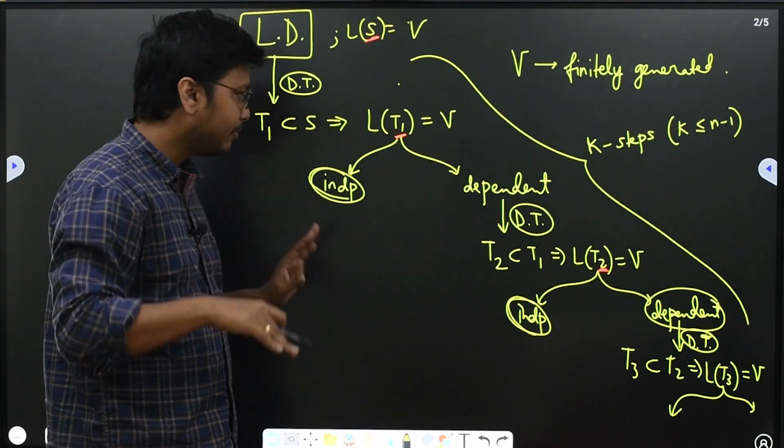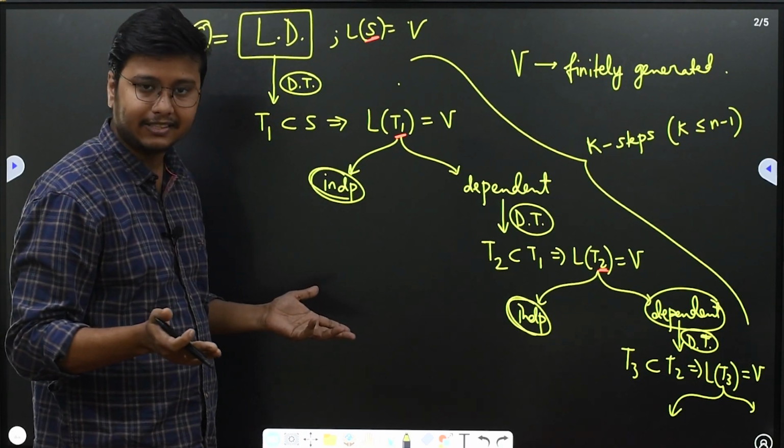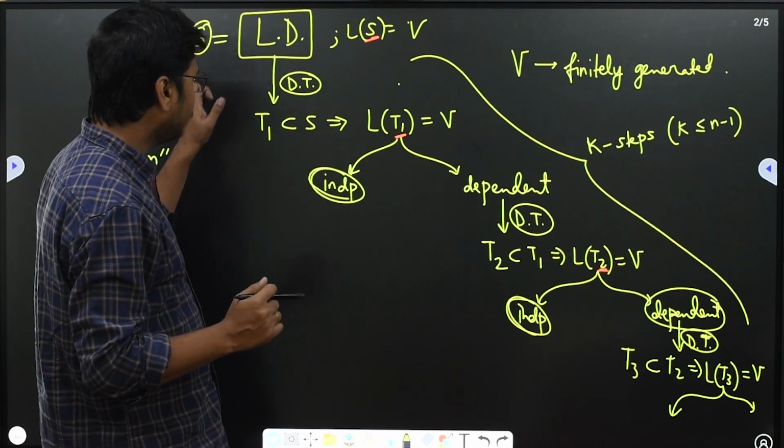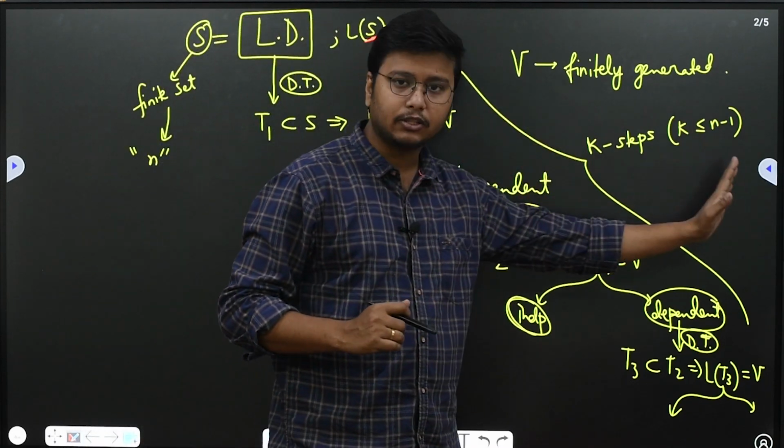If you delete all the elements, nothing will remain, it will become the empty set. So maximum you can delete n minus 1 times.